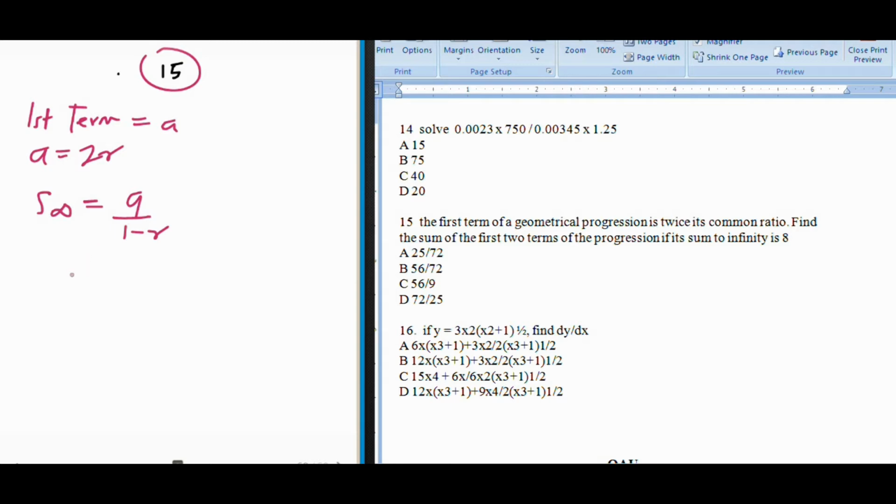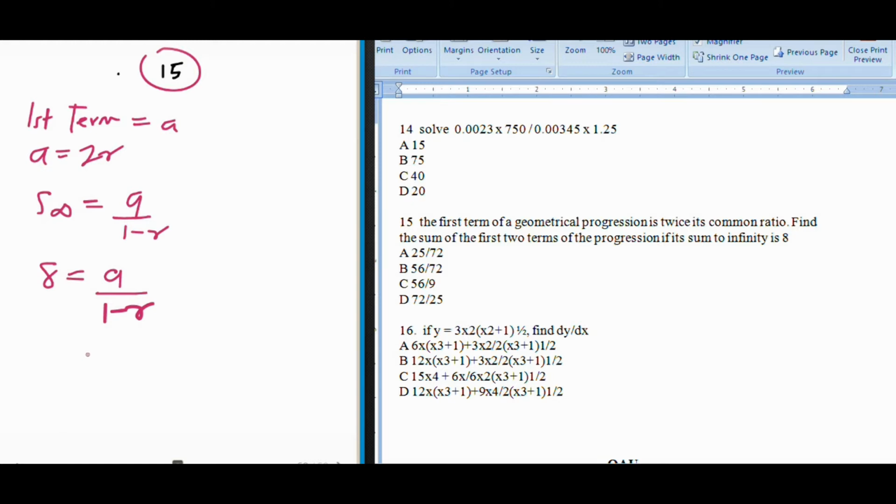Okay? Now, since the sum to infinity is equal to 8, which means 8 is equal to A all over 1 minus R. But don't forget that our A is equal to 2R from the equation.